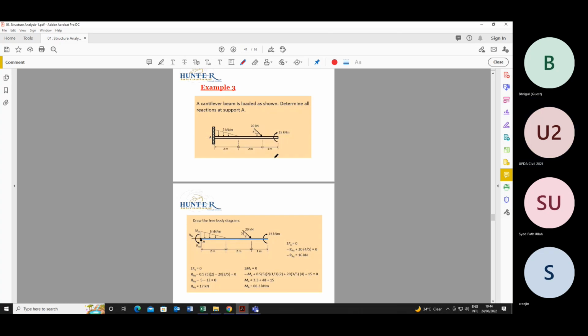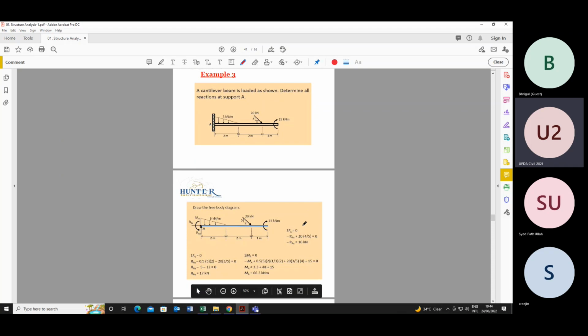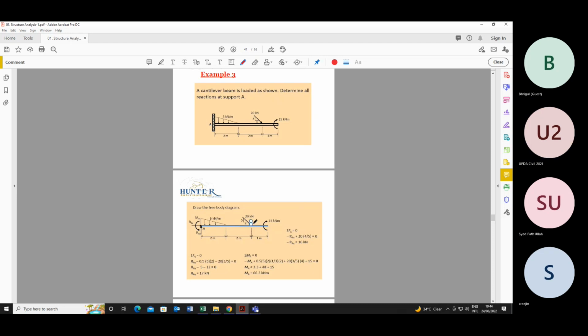So here is the free body diagram. At point A, we have two reactions, RAY and RAX, and there is one moment at A acting, let's suppose, in this direction. So let's calculate. If you see, this force is acting at an angle. If a force is acting at an angle, we resolve the components of the force in x-axis and y-axis.